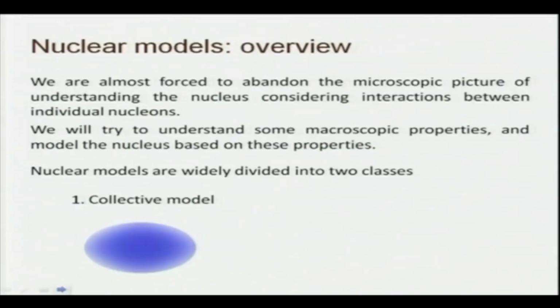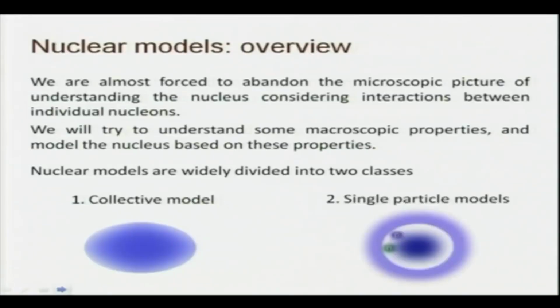And the other is to take the approach similar to the atomic cases, where basically the properties of the atom are understood in terms of a few of the electrons. So, in the case of nuclear models as well, there are some models which try to understand the nuclear properties from a few of the nucleons which can be considered separate from the rest of them. We will come to that.